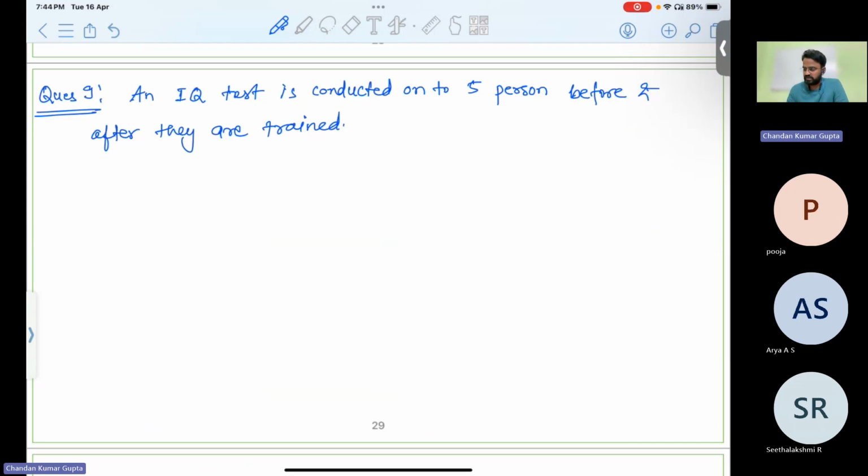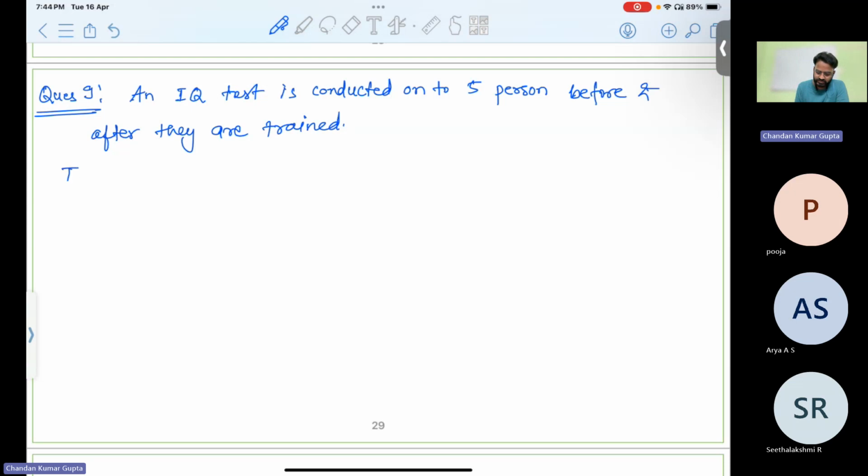Let me write the data. Then we need to test whether there is any change in IQ after the training.